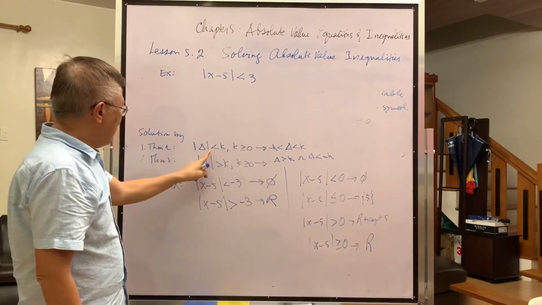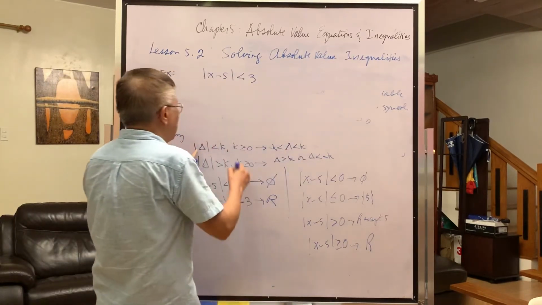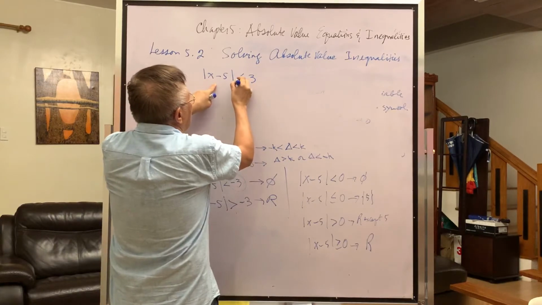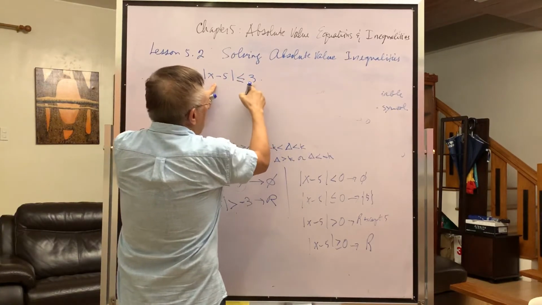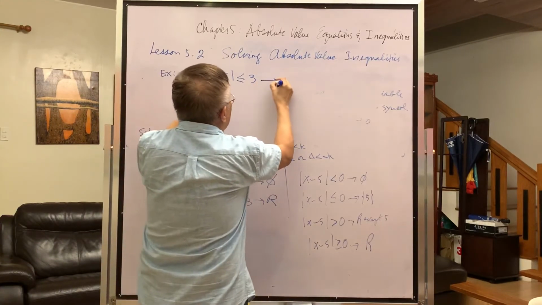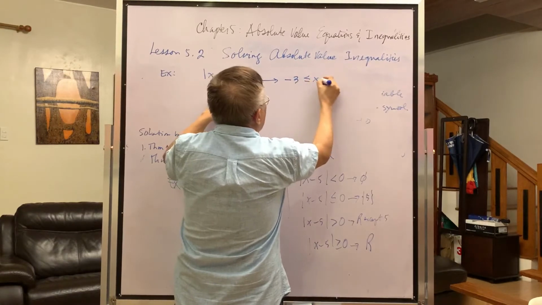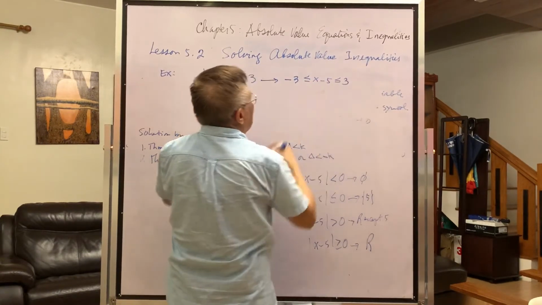Now, this theorem can work. Instead of less than 3, I will just say less than or equal to 3. So 3 is positive, and this absolute value can now be written as negative 3 less than or equal to x minus 5 less than or equal to 3.